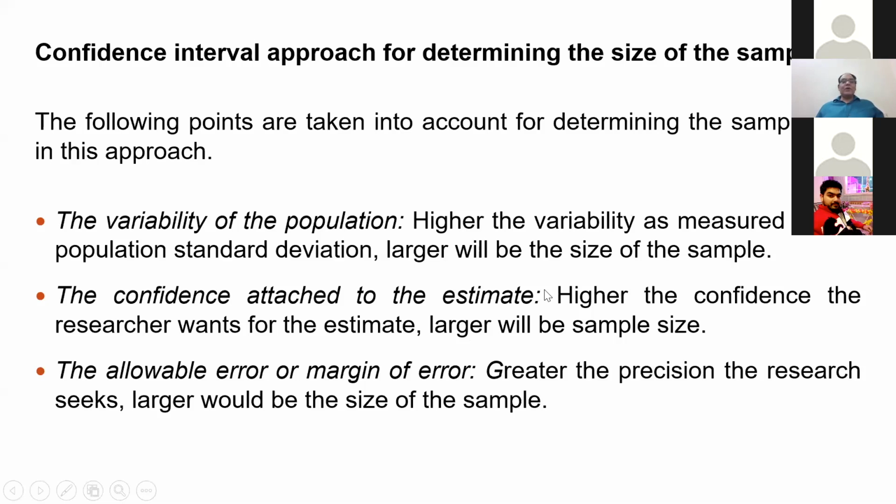In deciding the confidence interval, we decide the variability of the population, that is, how much variation there is in the population. If there is a higher variation in the population, you have to increase the sample size. If there is less variation, the sample size is less.